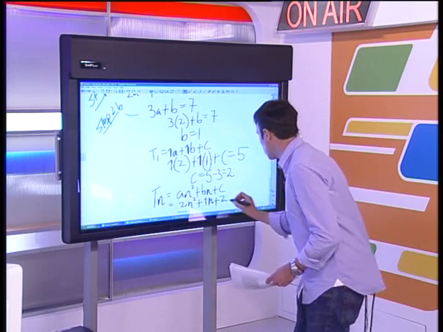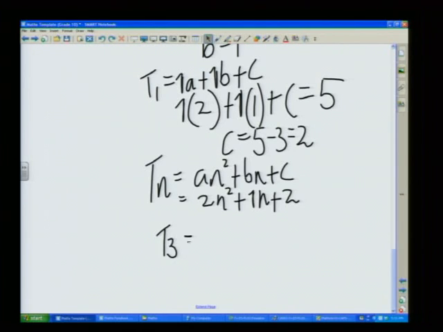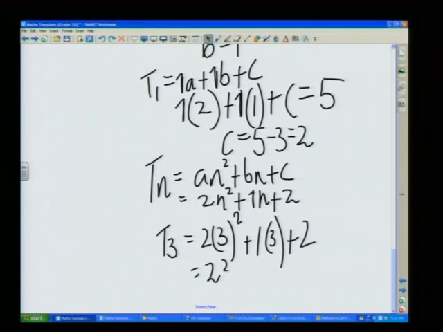So T3 is equal to 2 times 3 squared plus 1 times 3 plus 2, and 2 times 3 squared is 2 times 9, which is 18. 18 plus 2 is 20, and 20 plus 3 is equal to 23. So we have a winner, and you could use the same recipe to find any term in the sequence, because you now have the formula that creates all the terms in that sequence.